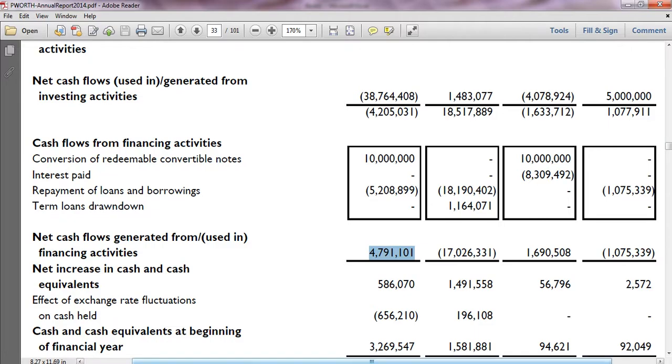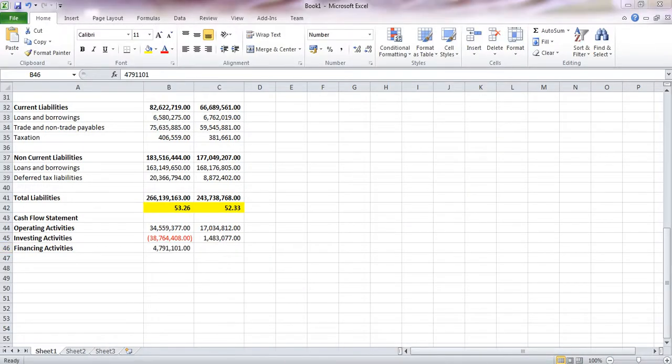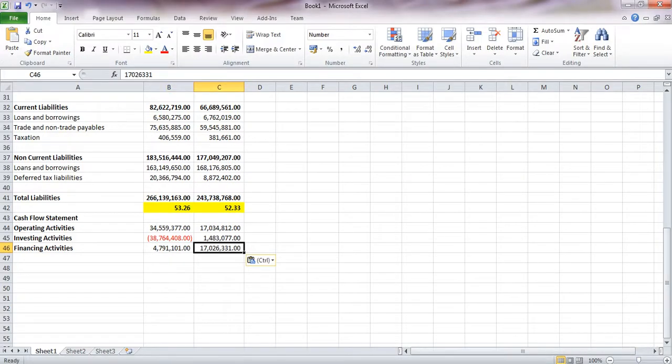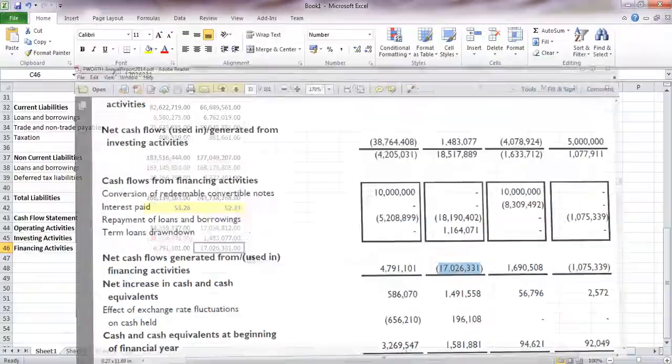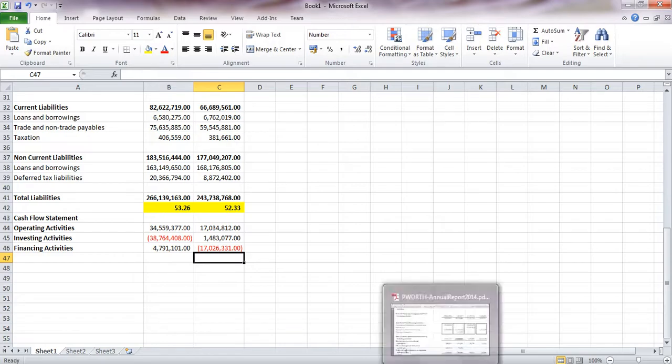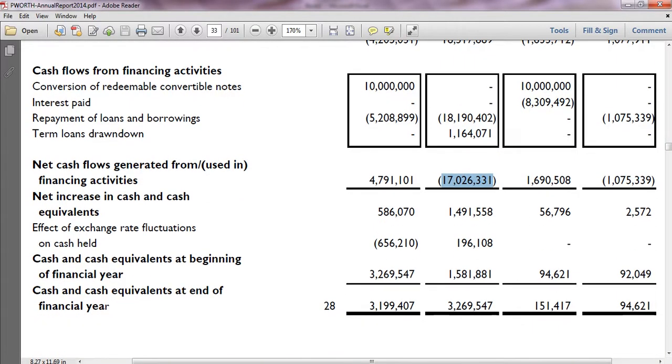Okay. So this is negative. This one basically is the cash, right?